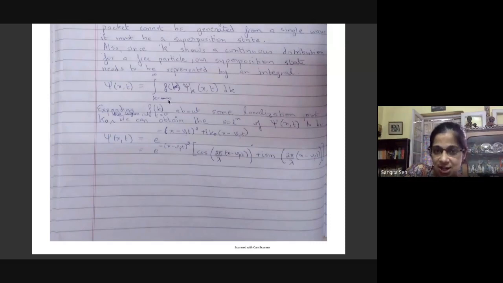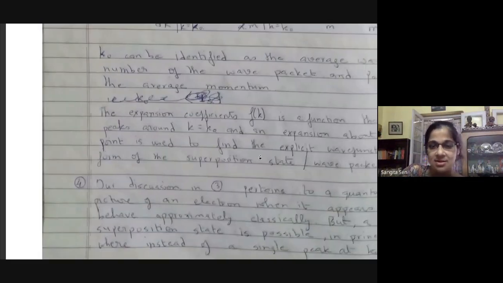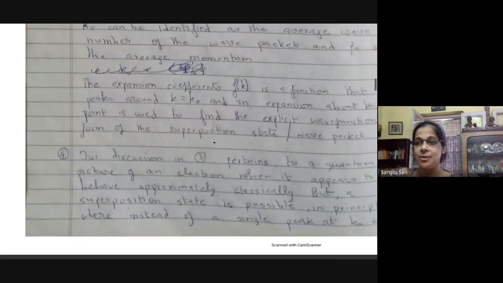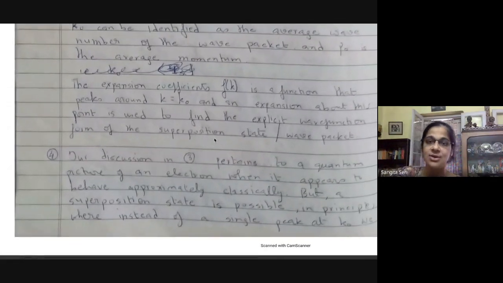And this function fk also peaks at this same value k0. So this is another way of thinking of what k0 is. So even fk has a peak at k0. So the wave packet is dominated by at least one stationary state function. There is a dominant function and there are some contributions from a few other functions. And then this describes a localized wave packet.